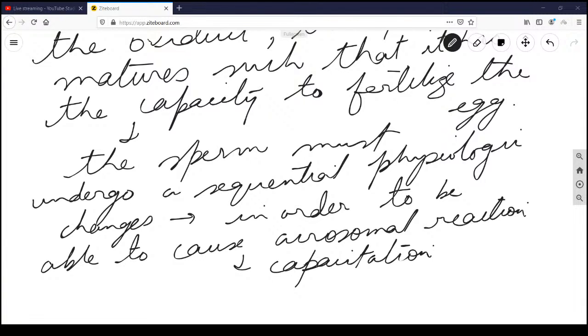Okay, although some human sperm reach the ampulla of the oviduct within half an hour of intercourse, that is also possible, because I told you in the last class that it cannot happen by its own. Uterine contraction, sperm rheotaxis, and sperm motility all play a great role in it.